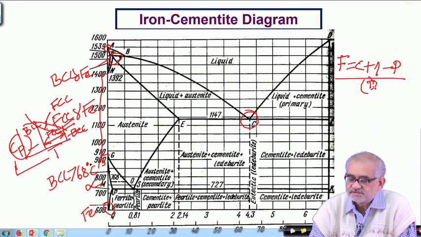But for all condensed systems, only variation of temperature matters. So C plus 1 minus the number of phases present.